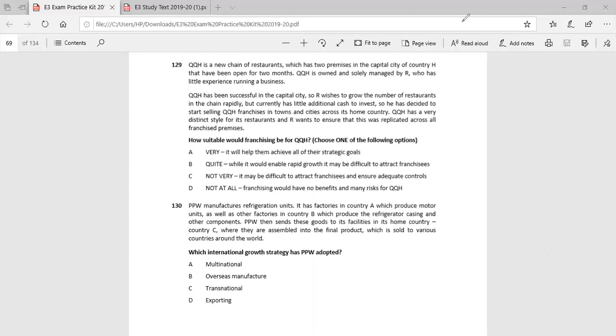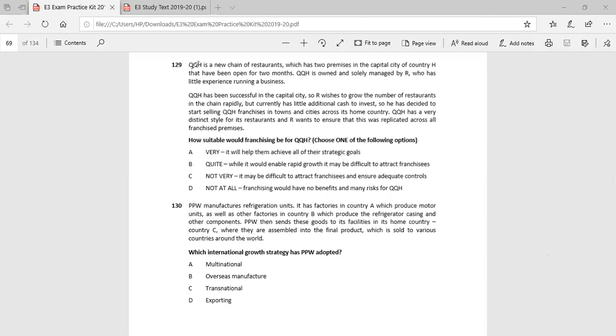It's not exporting. Someone started with the answer exporting. It is not exporting, right? It has its units across various countries. It is multinational. Yes.